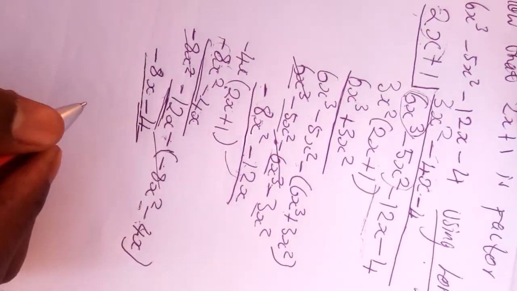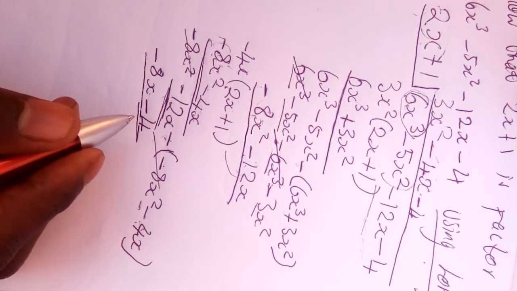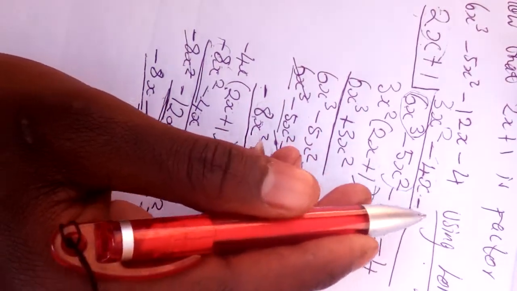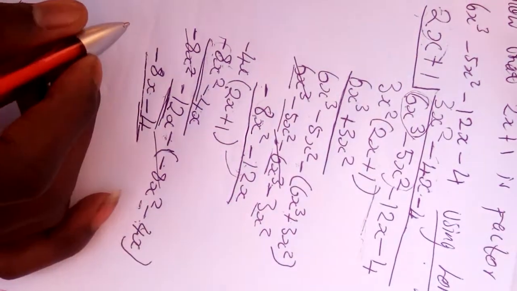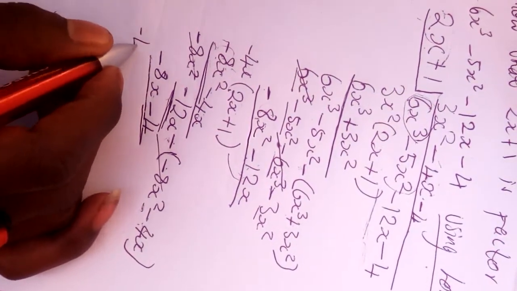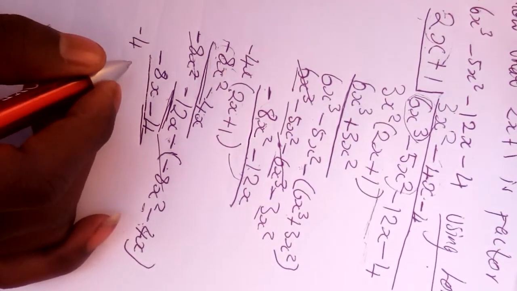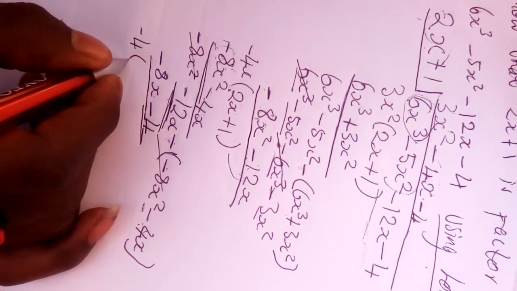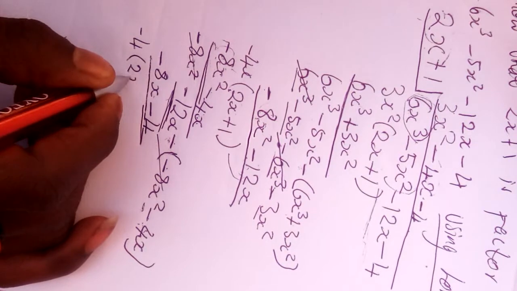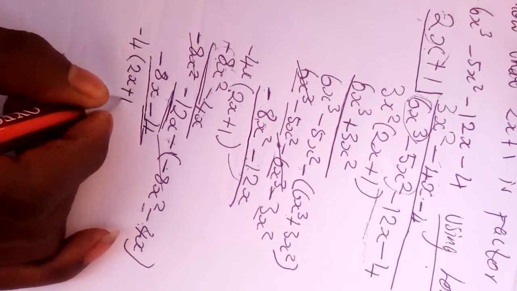Then we multiply this term by this term. So we have negative 4 into 2x plus 1.